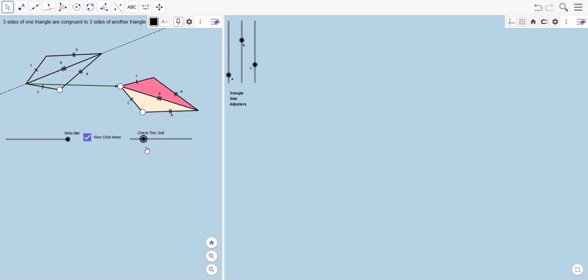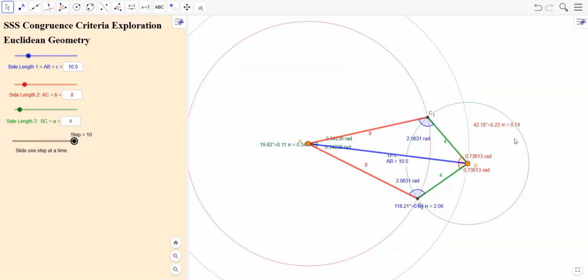So we could get there by doing a translation. Well, this one used a reflection, a translation, and another reflection. A translation, a rotation, and another reflection. So we've seen that the side-side-side correspondence criteria is enough to make the two triangles congruent in Euclidean geometry. We'll explore this in some other geometries in the next couple of videos.